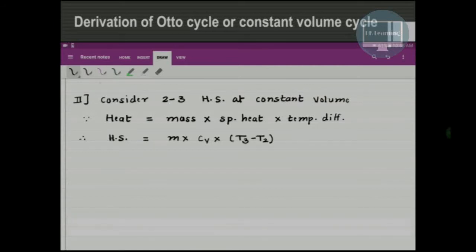Higher temperature is T3 and lower temperature is T2. Now we'll assume this mass as 1 kg. So this is in kg, this is kilojoule per kg Kelvin, and temperature difference is in Kelvin. So if you cancel out this particular term, you'll get heat supplied in kilojoule.